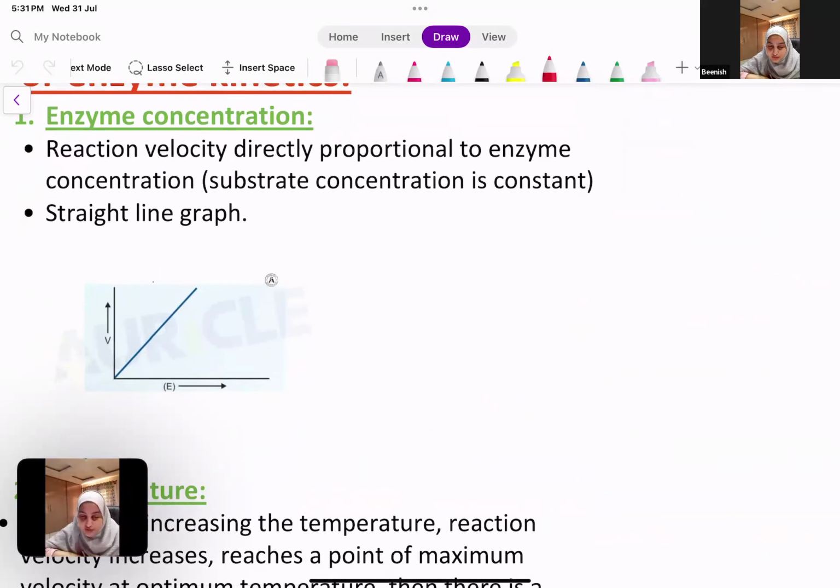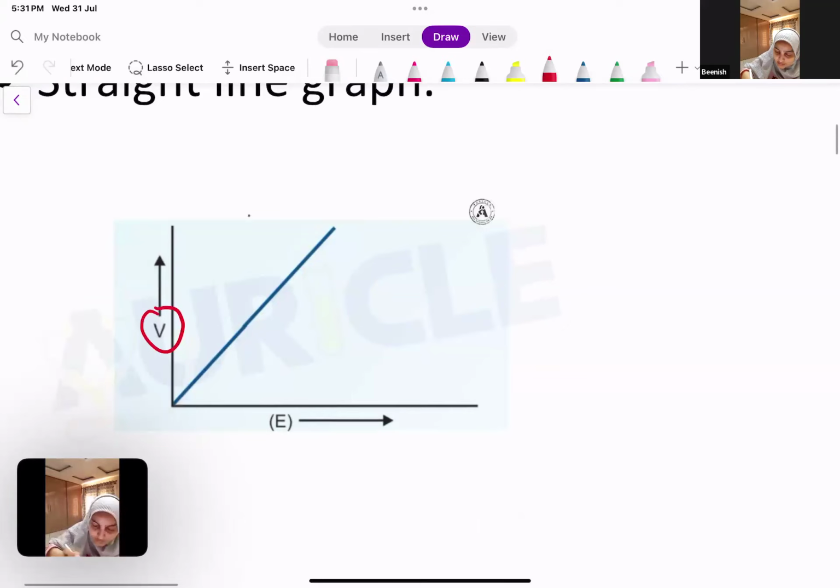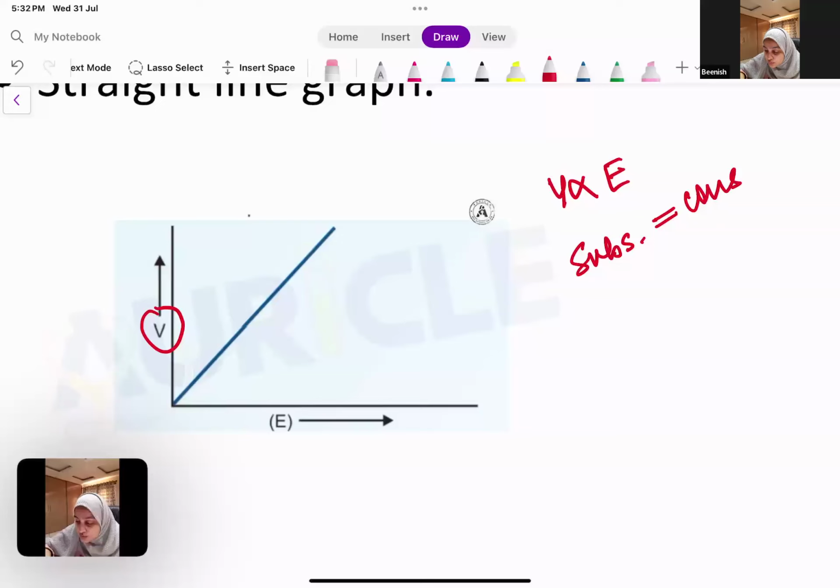The reaction velocity is directly proportional to the enzyme concentration, provided that the substrate concentration is constant, and this gives a straight line graph. So they are trying to say that the velocity of a reaction is directly proportional to the enzyme concentration. As you increase the enzyme concentration, the velocity of the reaction is going to increase, provided your substrate concentration is constant.